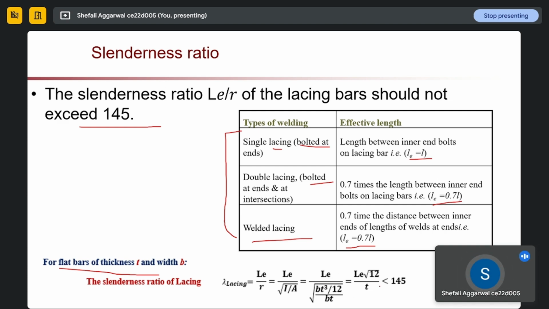Solving this, we will get LE into root 12 divided by T, since B will cancel and the T square will be cancelled by the square root. So we will get this formula. In case of flat bars, what we have to check is that our LE into root 12 divided by T should be less than 145.